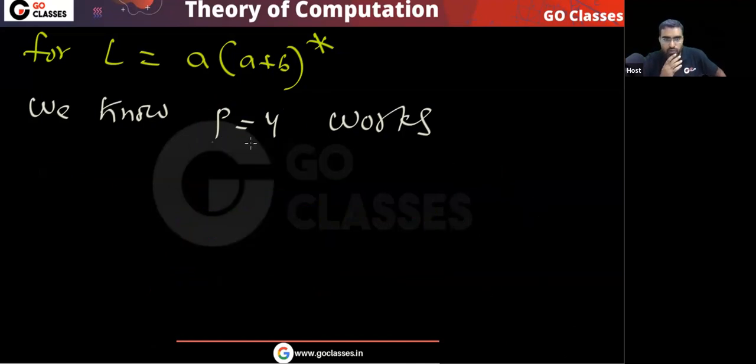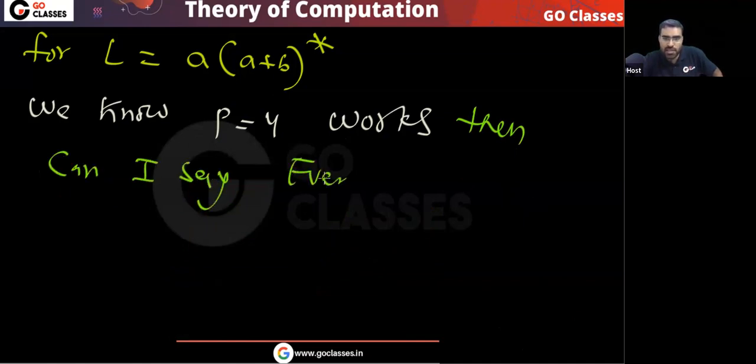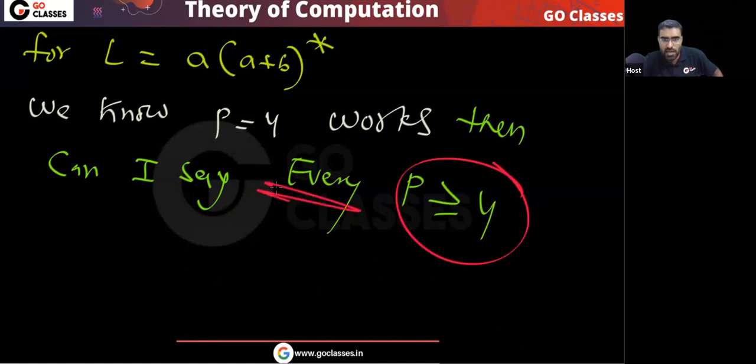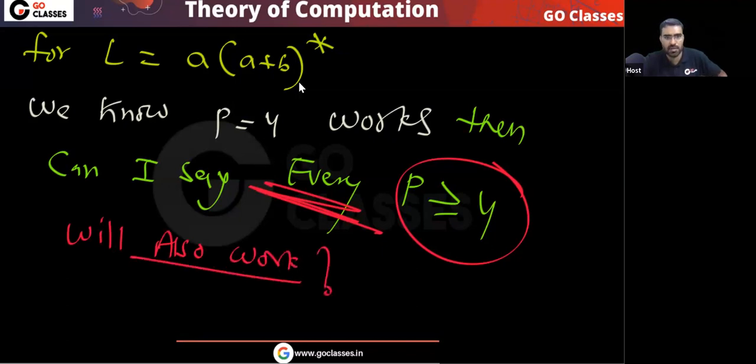Now, how can you prove? We know p equal to 4 will work. Then can I say every p greater than or equal to 4 will also work? Yes, the same logic.